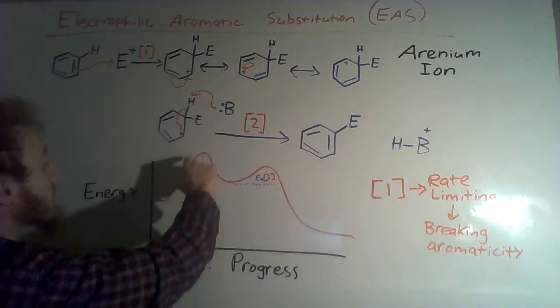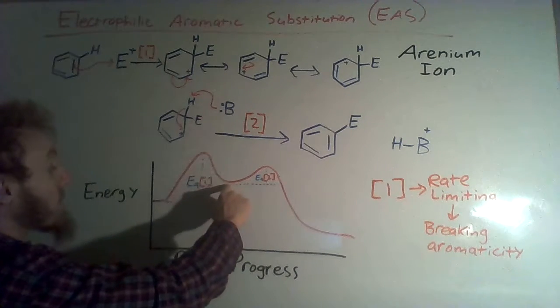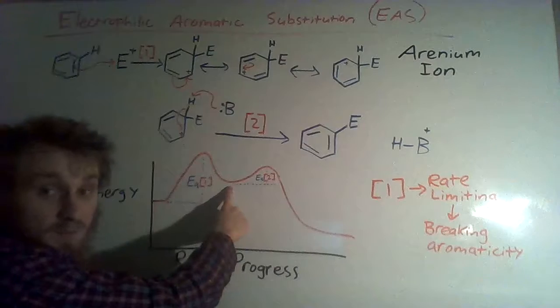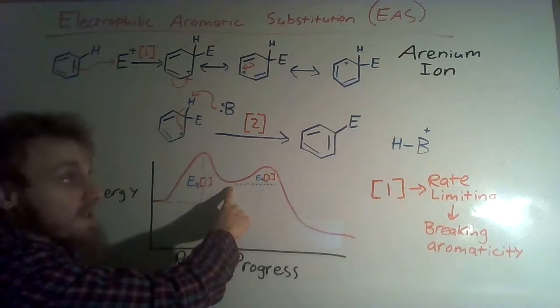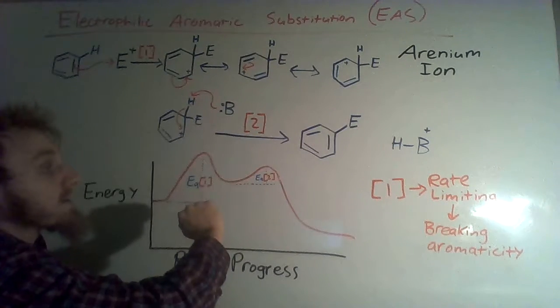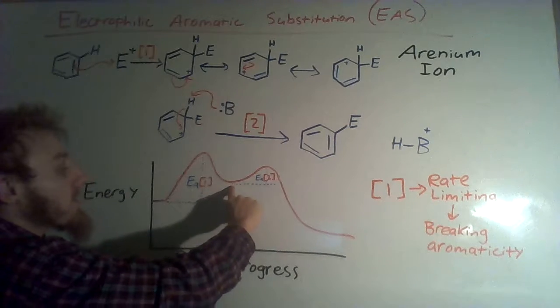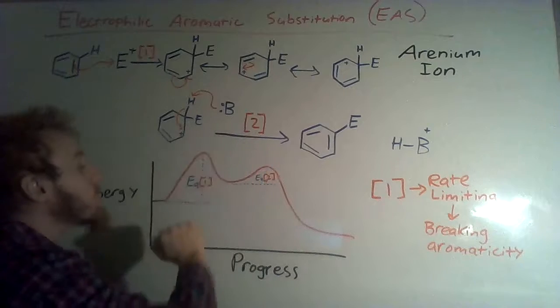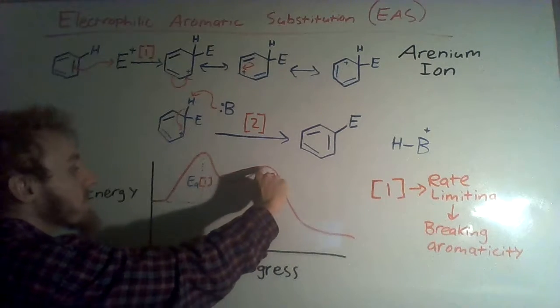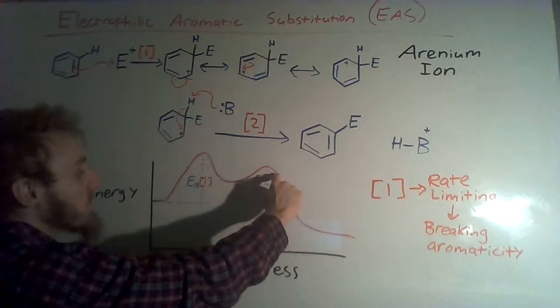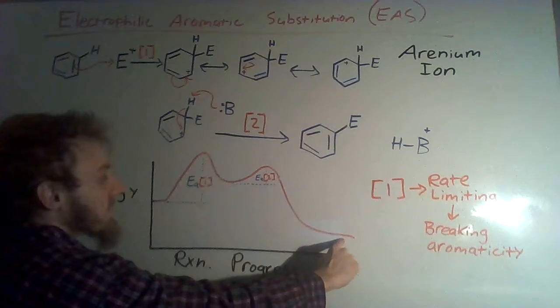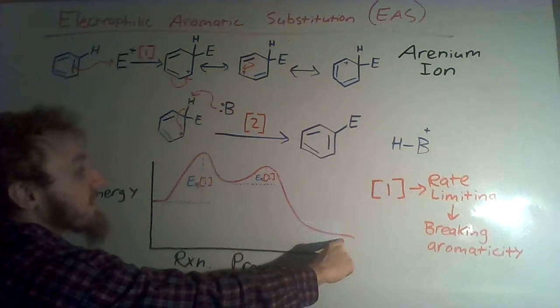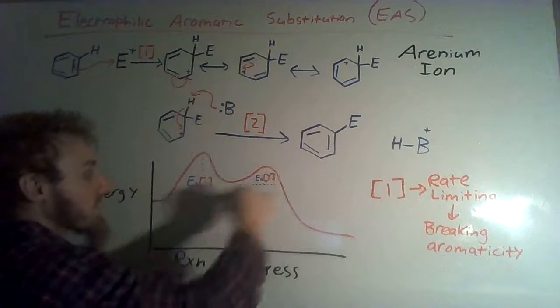And once we get over this energy barrier, we will have generated a reaction intermediate, that reaction intermediate being the arenium ion. Now we have another energy barrier here, and this energy barrier corresponds to step 2. Once we get over this energy barrier for step 2, we will have regenerated aromaticity, and thus we will have our product here.